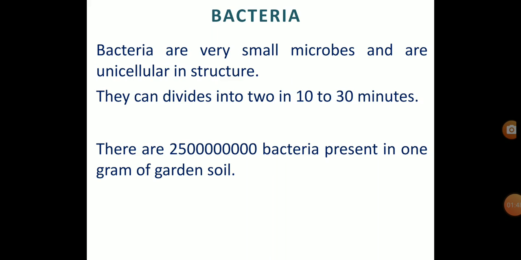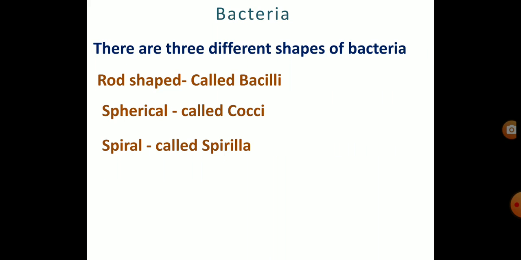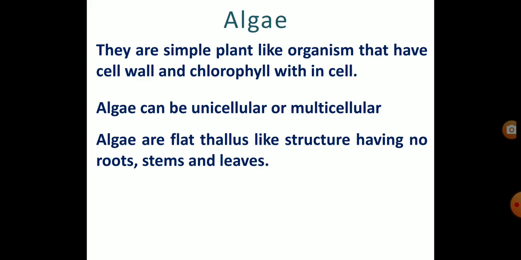So you can imagine how numerous they are in a very small area. Bacteria are of different shapes, and depending upon their shape they have a different name. If they are rod shaped, they are called bacilli. If they are spherical, they are called cocci. If they are spiral, they are called spirilla.